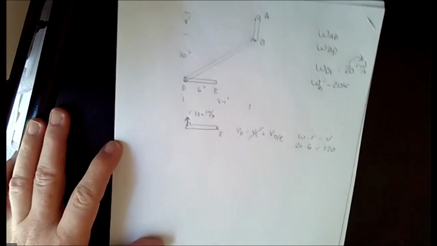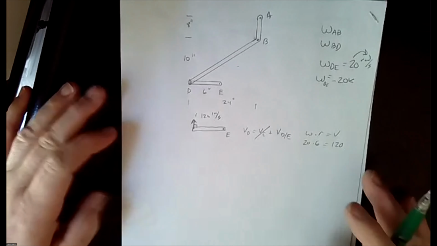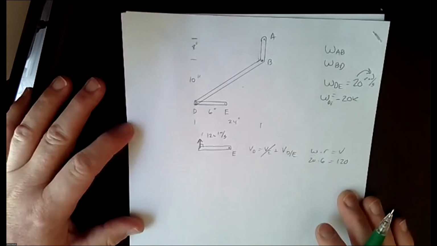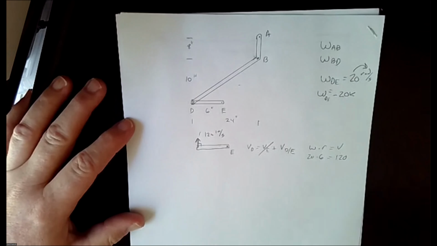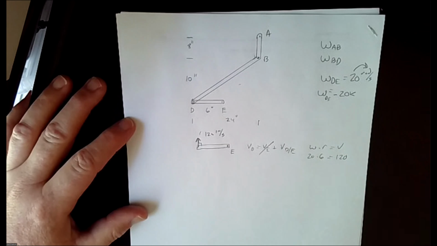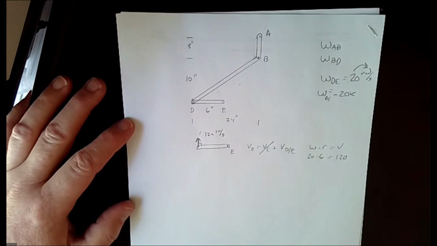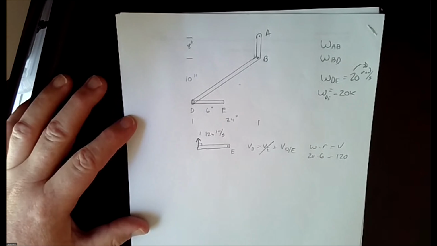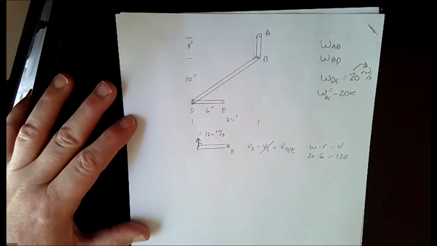All right, so now, like before, we're going to create a velocity for each end, because we need to know the velocity at each end, similar to what we did before, to get an acceleration.